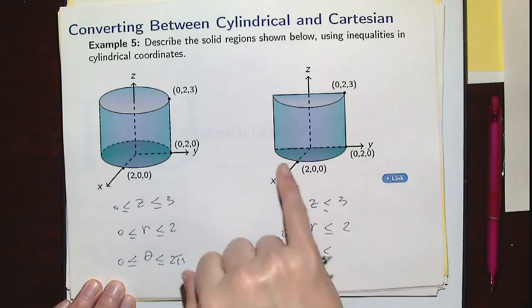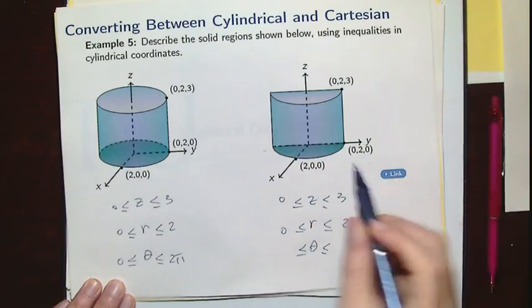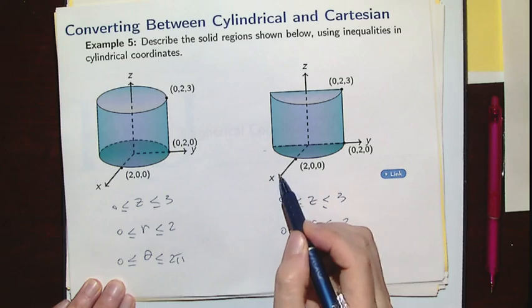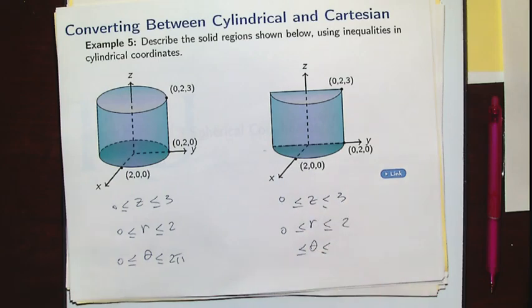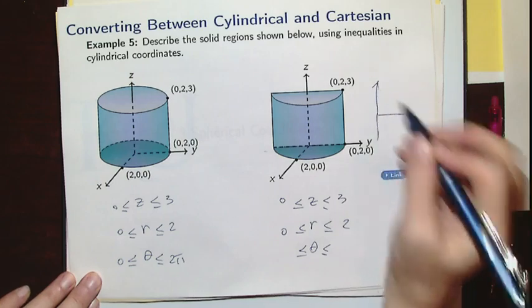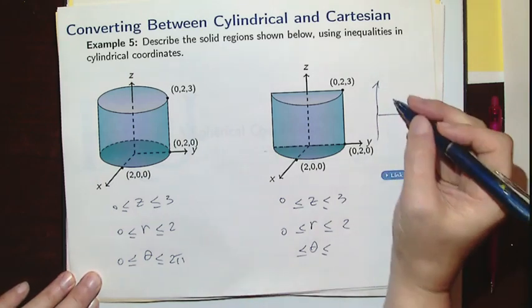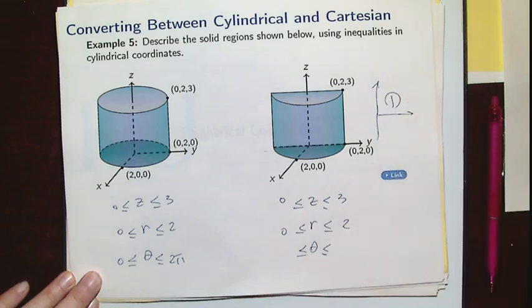Hold on. Do you see this? This is the y-axis. This is the x-axis. If I'm looking at the xy plane, what quadrants is this shape above? 1 and what else?